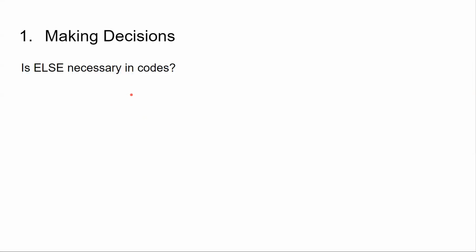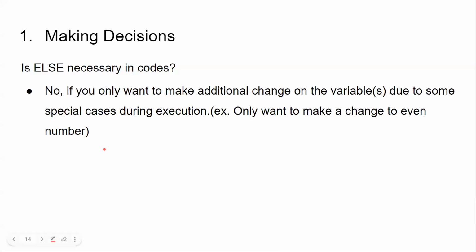Is the else statement necessary in code? Sometimes you don't actually have to have else. It may make your code more understandable, but for the coding function, it actually depends, yes or no. If you say no, you may want to make changes on only some specific variables or conditions.